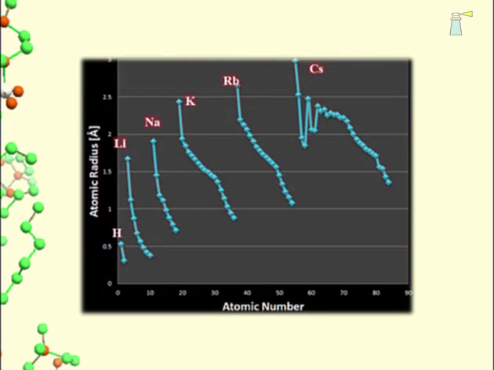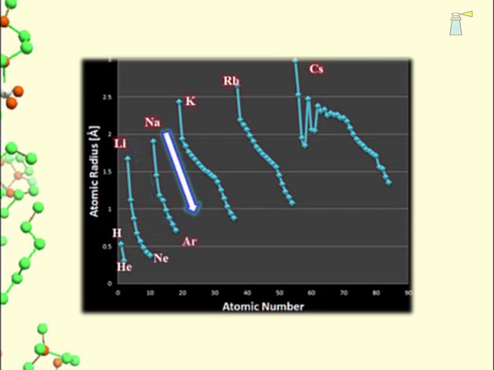Returning to our graph, we can see the same trend beginning with a first column element and decreasing going along a row. Row 1, starting with the atomic radius of hydrogen and decreasing to helium. Going down a row, starting at lithium and decreasing to the last element of the row, neon.